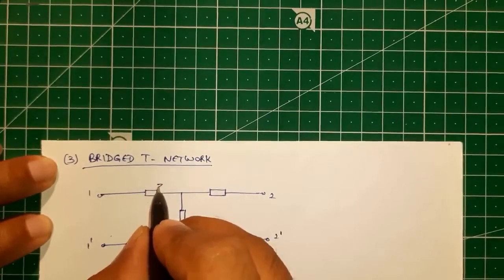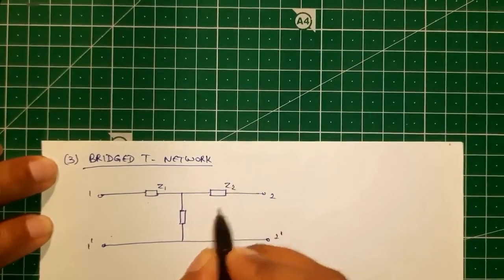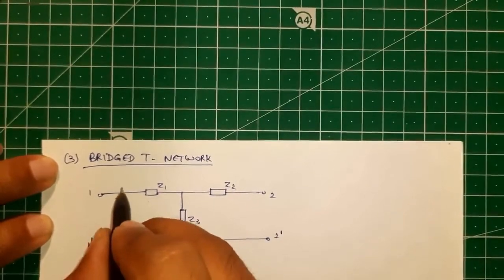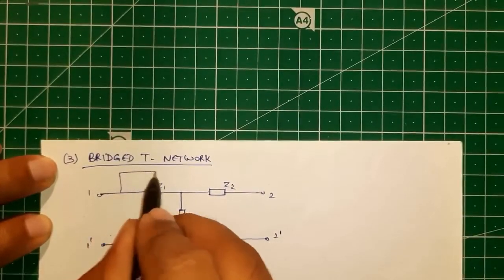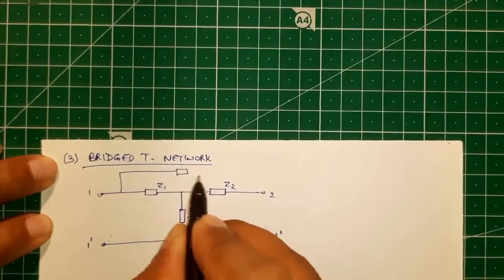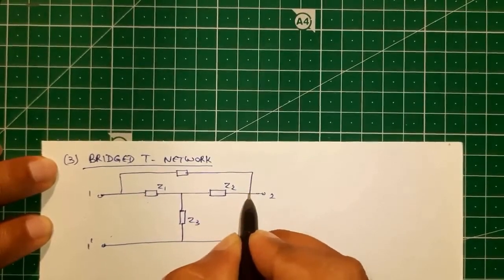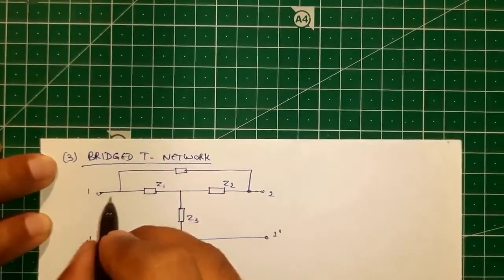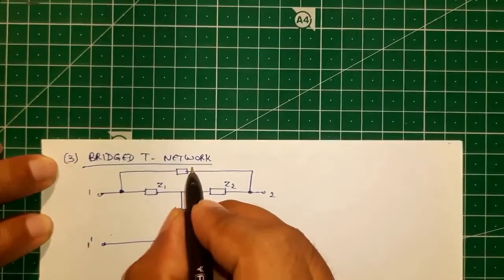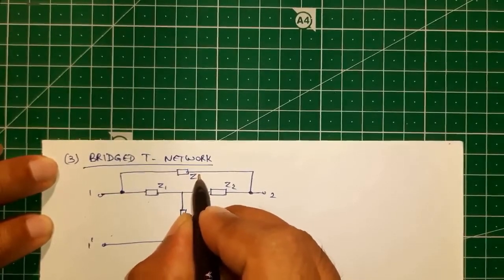We can label this as Z1, Z2 and Z3, and there will be a bridge from 1 to 2, which we can label as Z4.